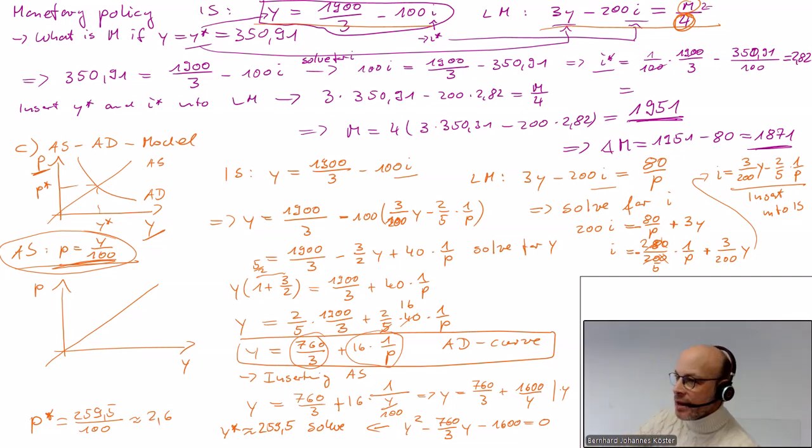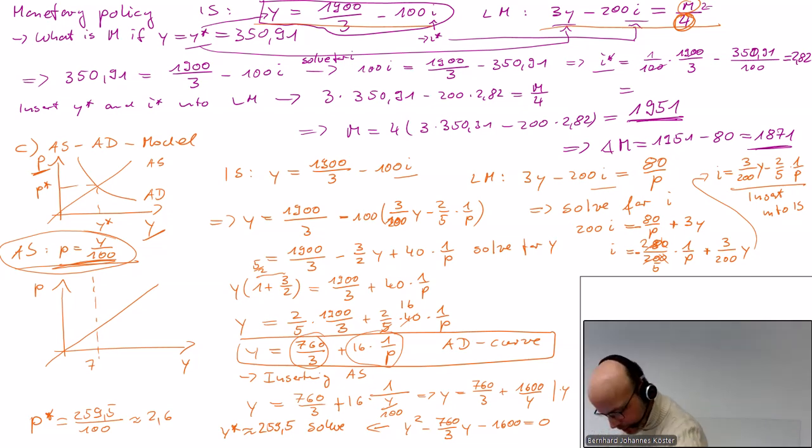And since we add a constant part, it is just a hyperbola shifted to the right. So maybe you put in this 760 over 3, and our AD curve would then look like this.